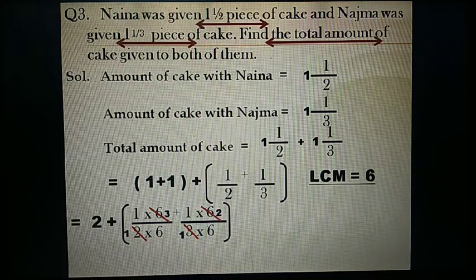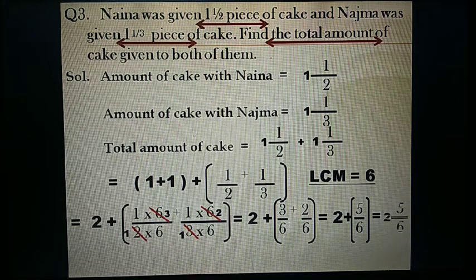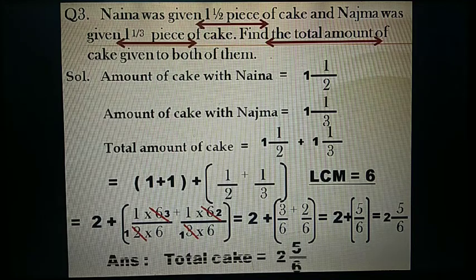Multiply the numerator part: 1 3s are 3 upon 6 and then 2 upon 6. Adding both the fractions, you will get 5 upon 6. Now as you are left with a whole number and the fraction, you can combine them to get the mixed fraction. So the total cake is 2, 5 upon 6.